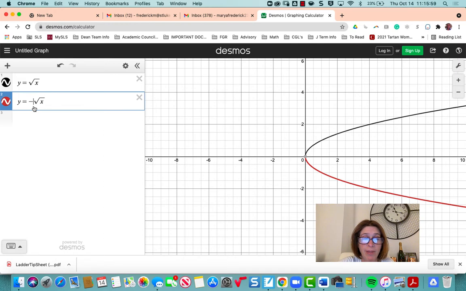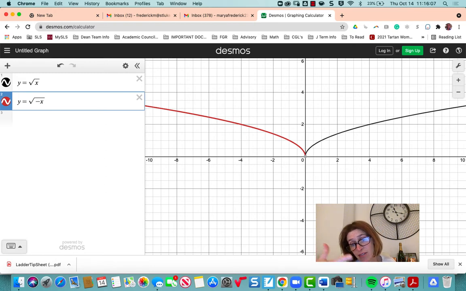Now let's see what happens when I put the negative on the inside of the function. Remember, we said when we put something on the inside of the function, we're changing the x's. So we're making all of our x values, so all the x values here on the right, we're making them their opposite, so they're going on the left.